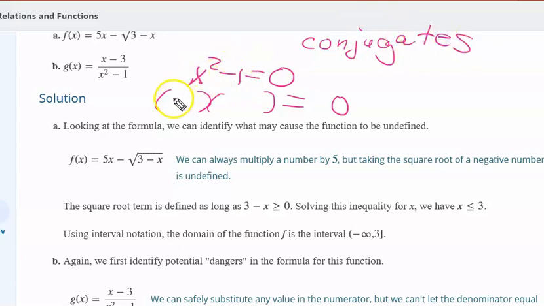A difference of perfect squares factors into their conjugates, x plus 1, x minus 1. So values that would make this denominator a 0 would be negative 1 for this one or positive 1. So in writing this in interval notation, we would say we have to exclude these values.